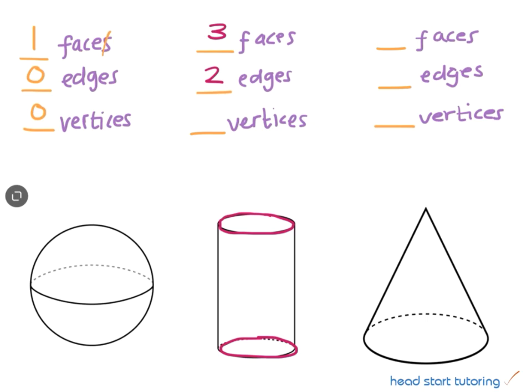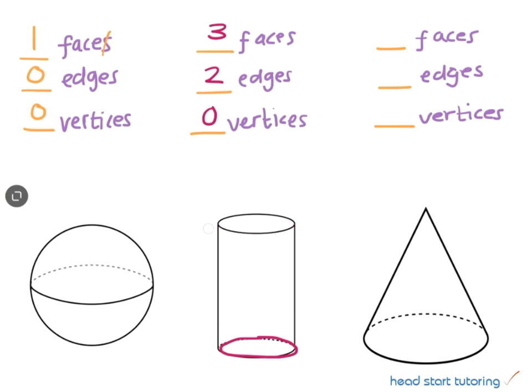Now this can sometimes be quite confusing because we do not have any vertices in our cylinder, but we do have 2 edges. Our edges are not where our lines meet, our edges are where 2 faces meet.